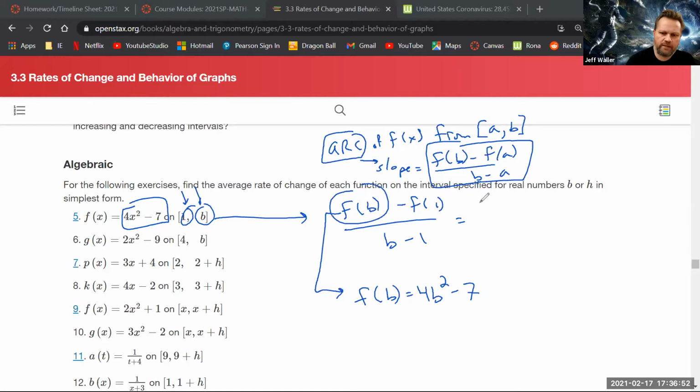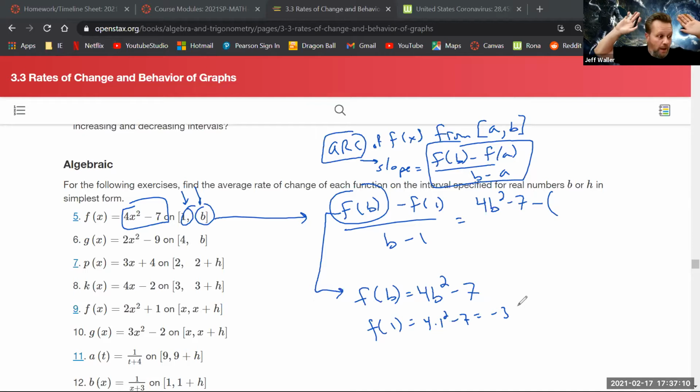So now I know what f of b is. f of b is 4b squared minus 7 minus f of 1. F of 1 would be 4 times 1 squared minus 7. That's negative 3. So I can put that in here, over b minus 1.